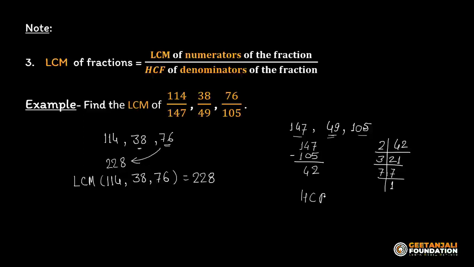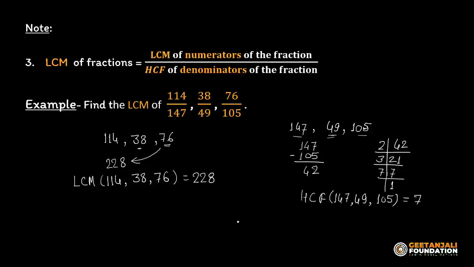So the HCF of 147, 49 and 105 is equal to 7.